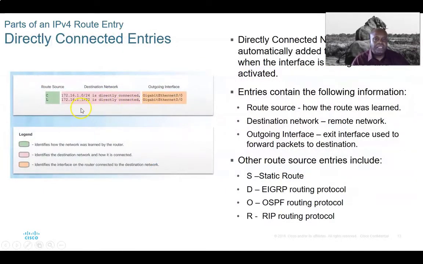So as you can see, routing source, and it gives you the C, it gives you the L, it explains what these are. Identify how the network was learned by the router, and then here's your pink right here, and in your pink it's telling you, identifies the destination network and how it connects.